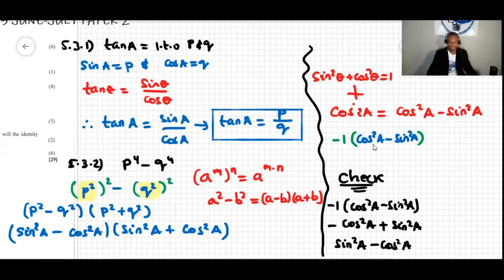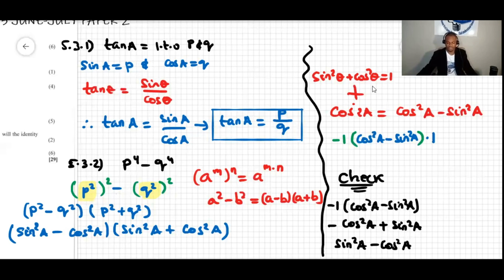We do have cos squared A minus sine squared A times 1, because sine squared A plus cos squared A is just equal to 1.